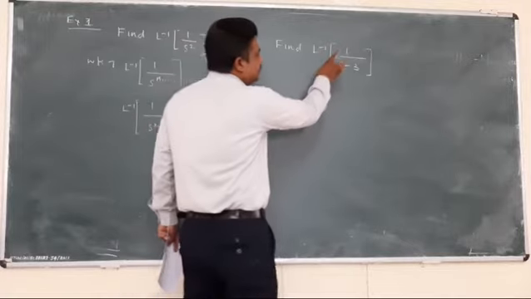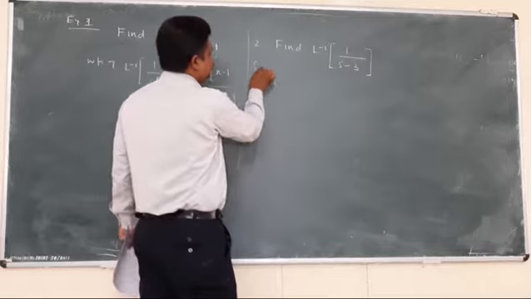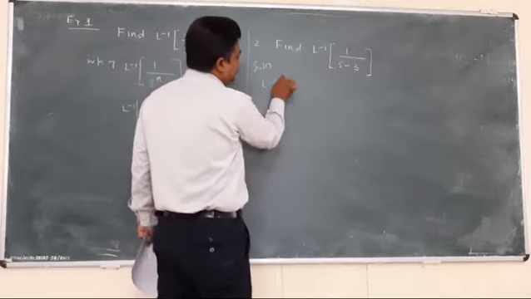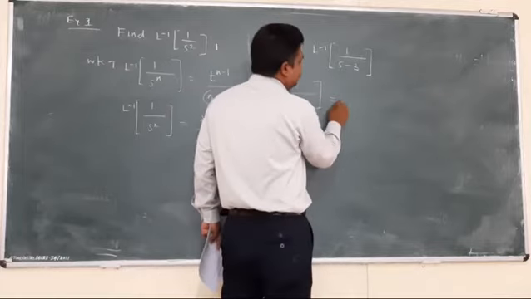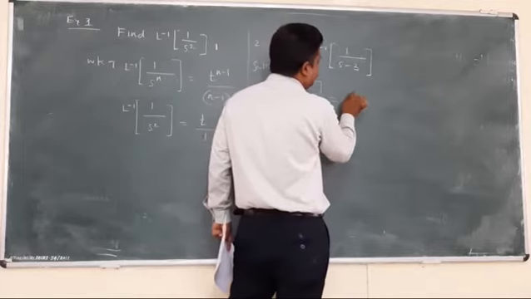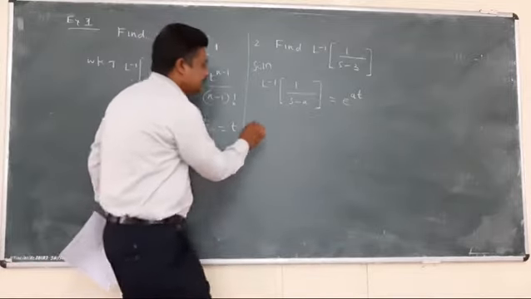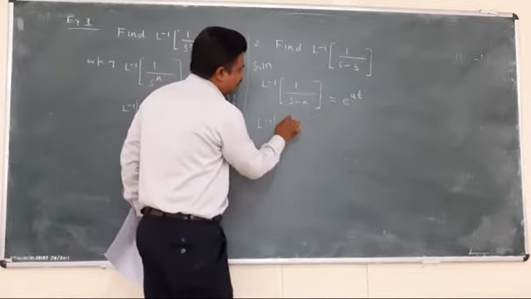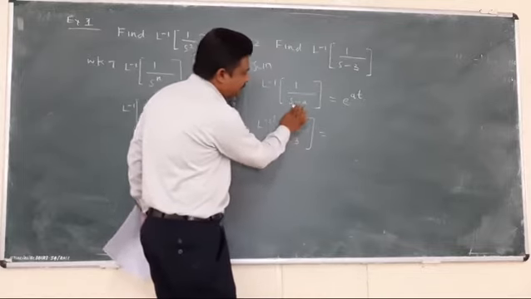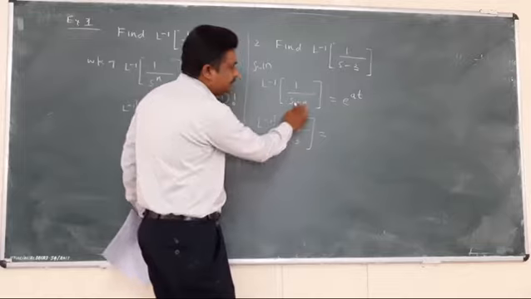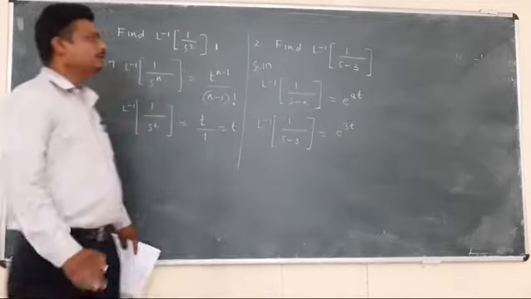So, it is in the form of 1 upon S minus A. We know that L inverse of 1 upon S minus A is equal to e to the power of A into T. So we will use this formula. By comparing, here the value of A is 3. Therefore, this is e to the power of 3 into T.